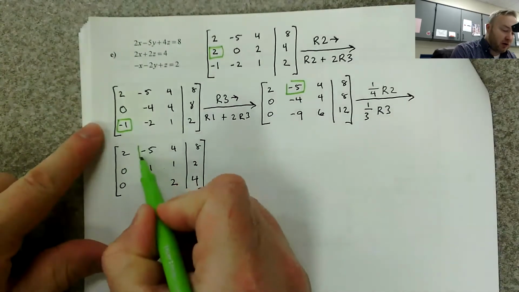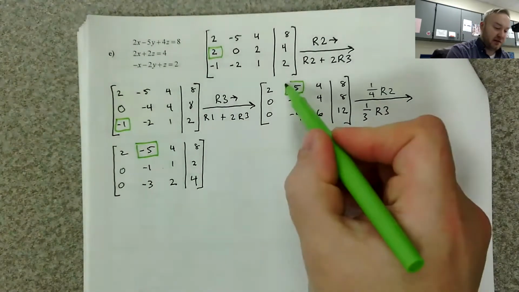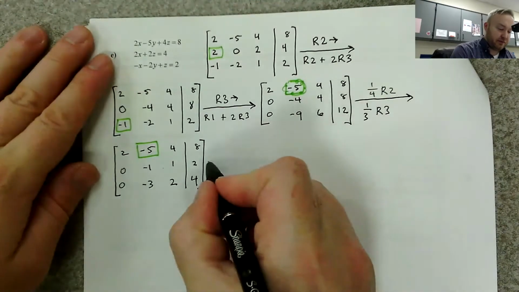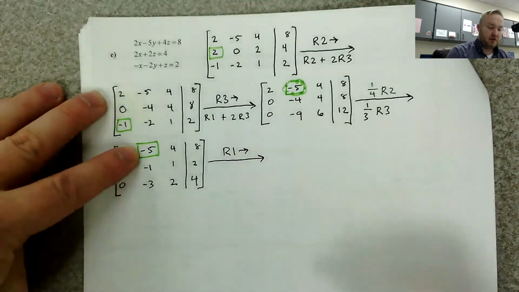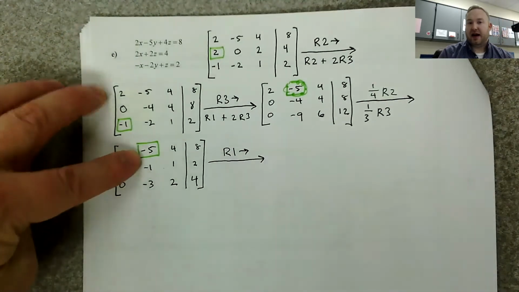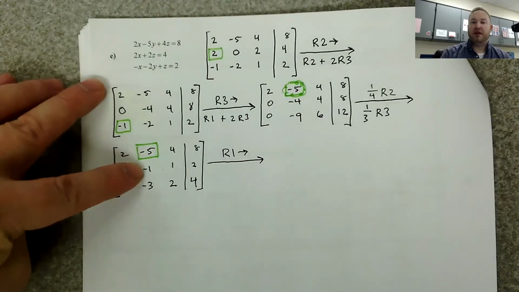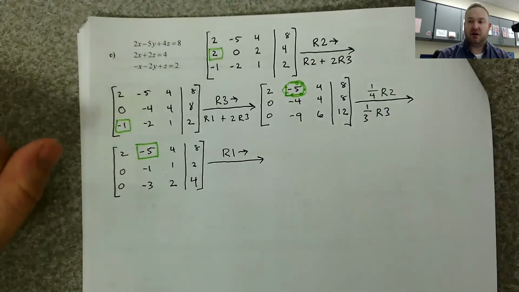Okay, now let's see about causing that -5 to become a 0. Let's see what we could do here. So I'm changing the number in row 1. It's a -5. Well, that means I need a +5 from one of the other rows. So I can get a +5 to go with this -5, and that'll give me a 0.